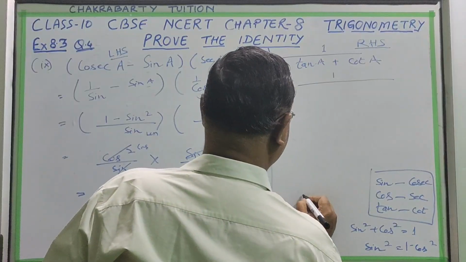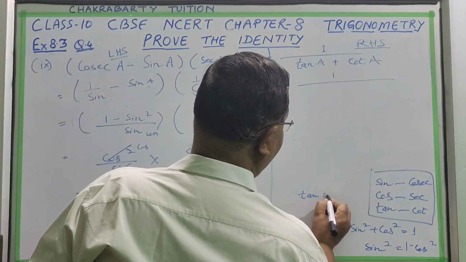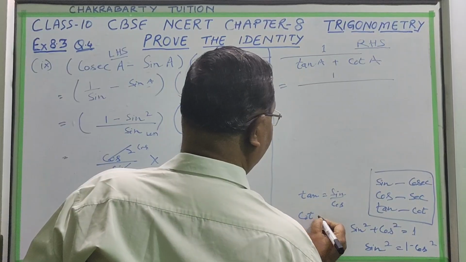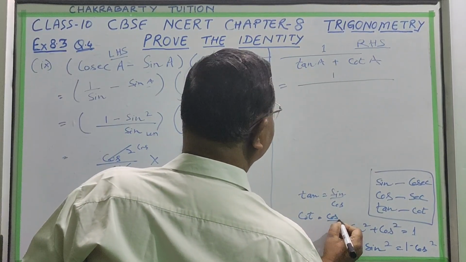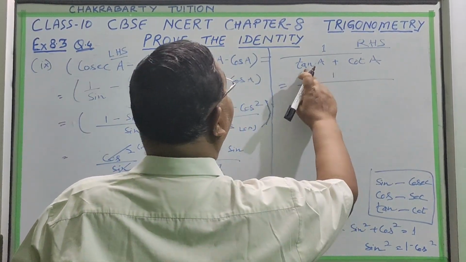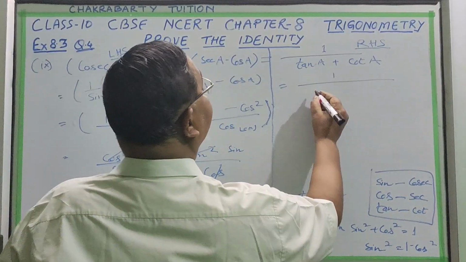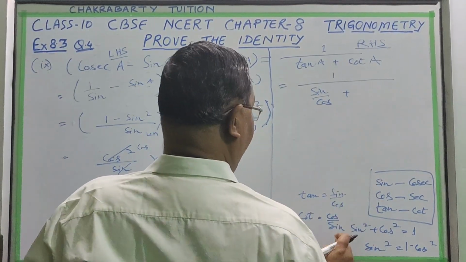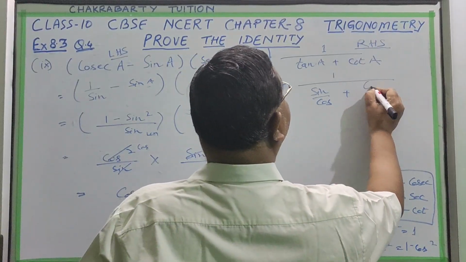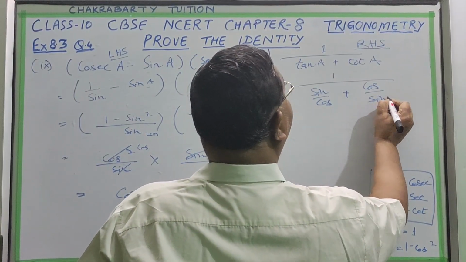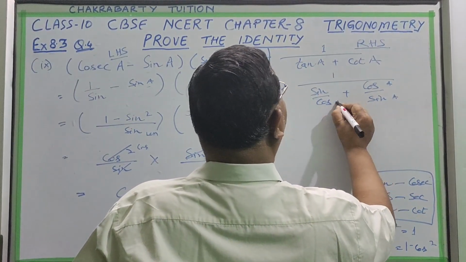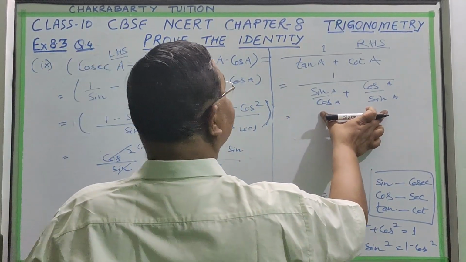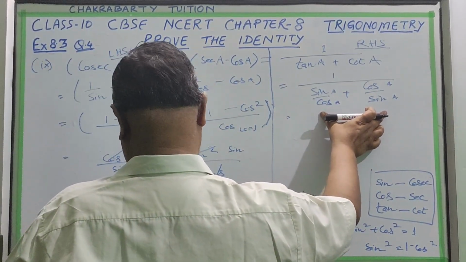Another is tan equal to sine upon cos, and cot is equal to cos upon sine. So here tan A we can write as sine A upon cos A, plus cot A we can write as cos A upon sine A. Now you take the LCM of this one.